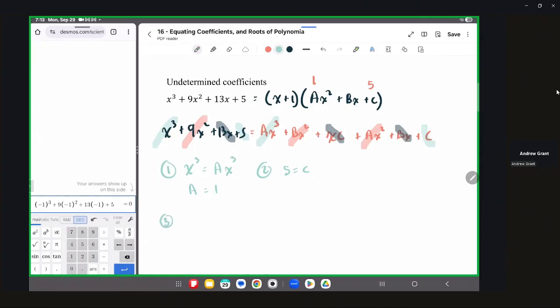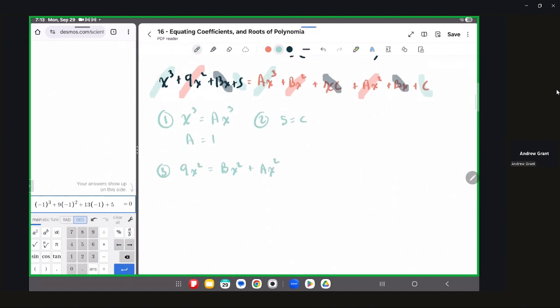And so for our third equation, we're going to end up with, say, 9x squared is equal to bx squared plus ax squared. But we already knew a was supposed to be equal to 1. So in reality, we have 9 is equal to b plus a. So 9 is equal to b plus 1, which means b is equal to 8.